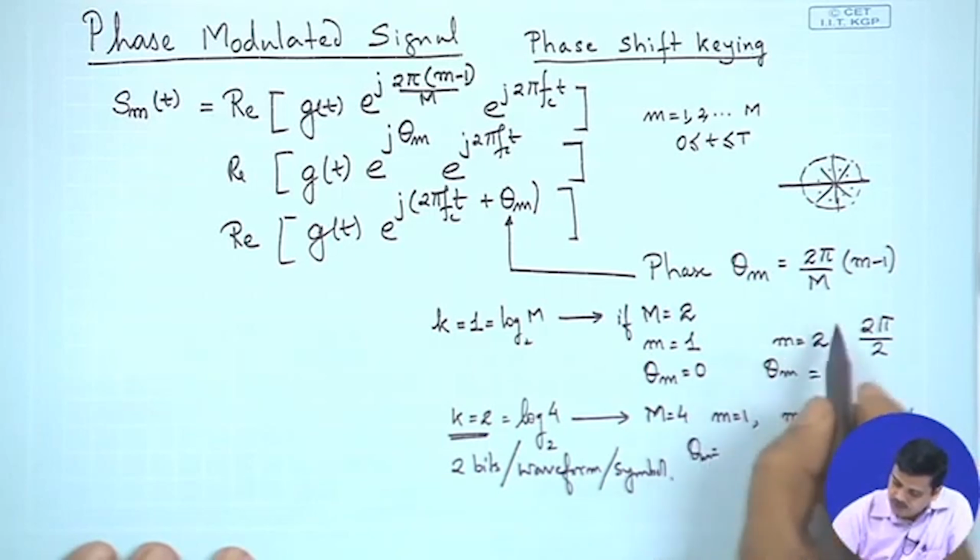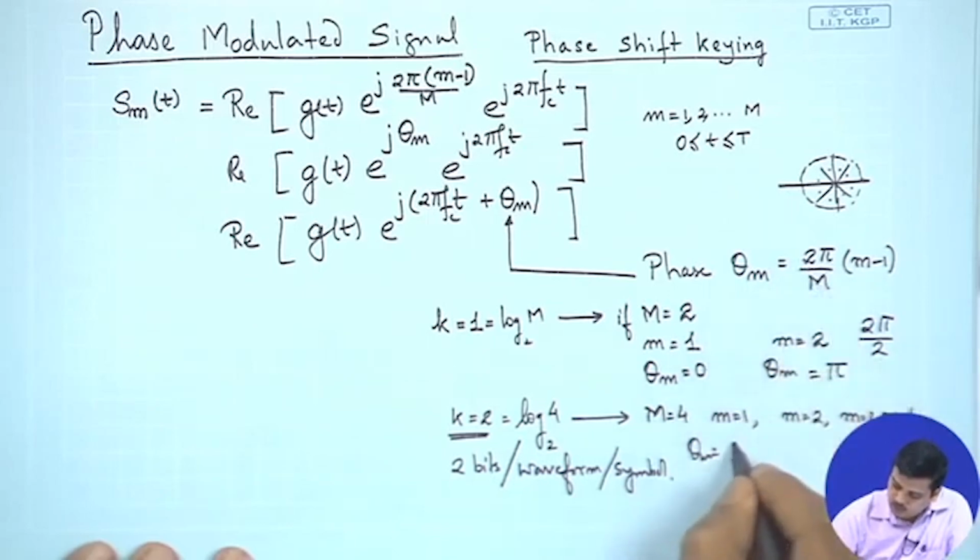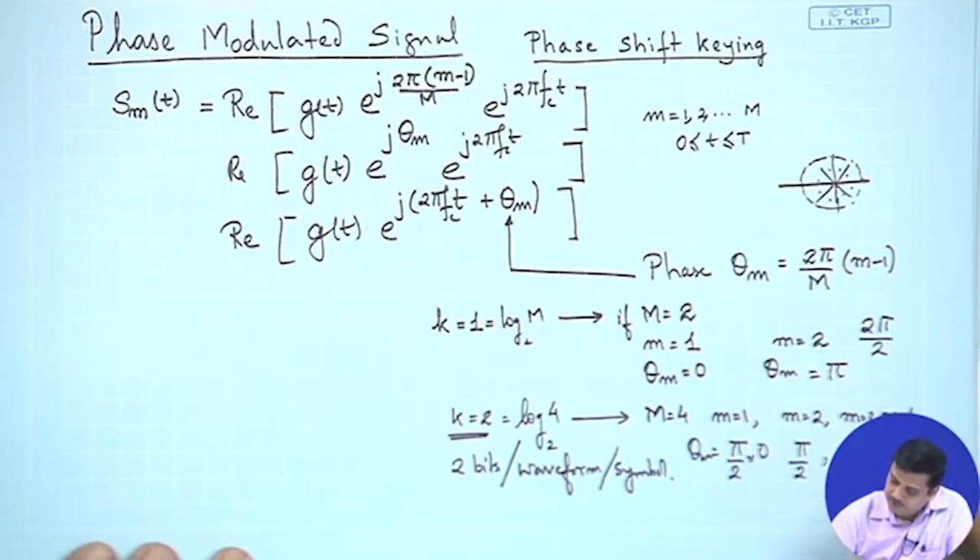Theta_m, we have 2 pi upon 4. So, that is pi by 2 multiplied by, for m equals 1 it is 0, for this case you have pi by 2, for this case you have 3 pi by 2, and this case you have 2 pi. So, that is how you cover the whole range.